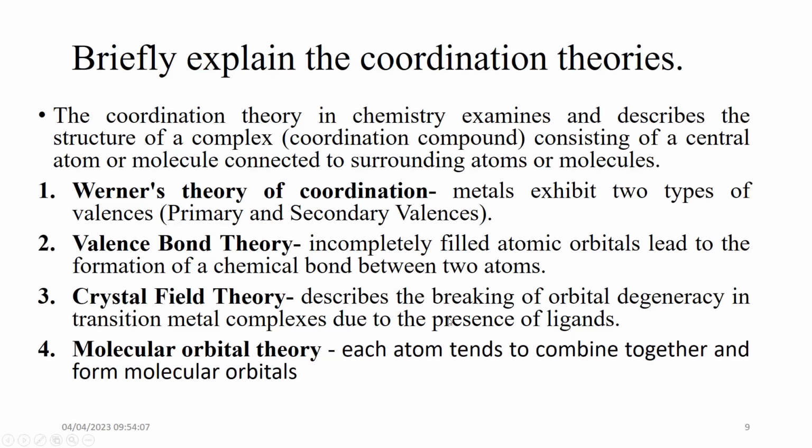Okay, here we have to explain coordination theories. There are some theories which describe the way bonds are formed in complex compounds, or the way a ligand interacts with the central metal atom. So in coordination theories, there are several concepts which try to explain the way that bond is formed.